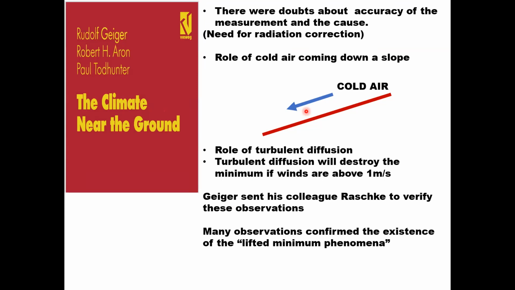So he was able to show that it is not playing a role. Then there was a question of the role of turbulent diffusion. Now, turbulent diffusion can have very complicated variation, but one can show that turbulent diffusion will destroy this minimum because it will mix the air very quickly. And this was shown by one of the colleagues of Geiger called Raschke.